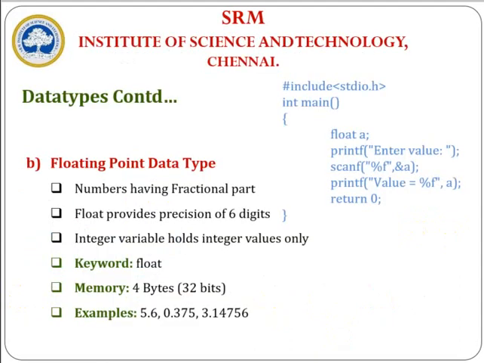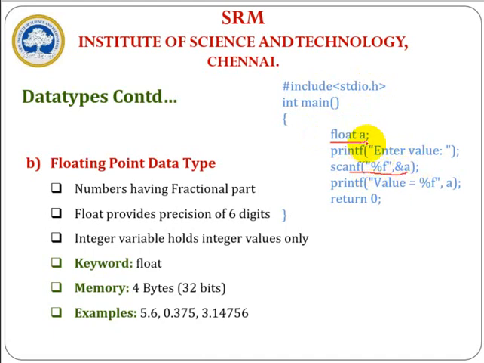The next example is for the float data type. The float data type can hold a float variable, which means I am trying to provide some real numbers, that is, decimal numbers. So I will declare a variable float a, and I am using scanf with percentage f for the float data type and then ampersand a.